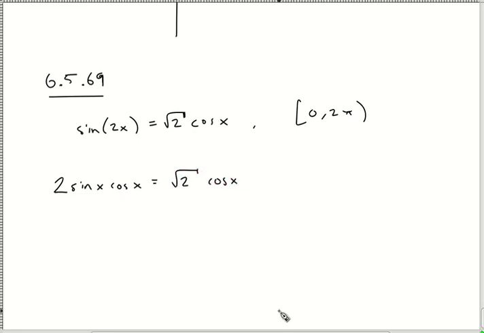Okay. Be very careful. I'm very serious. Every time, in my mind, what I do is, bam, done, keep moving. And that will get you the wrong answers. No, no, no. You have to take these and subtract them to the other side, and then you're going to factor out the cosine.